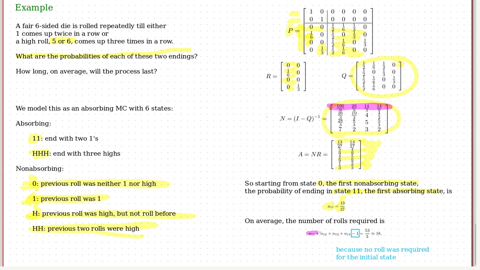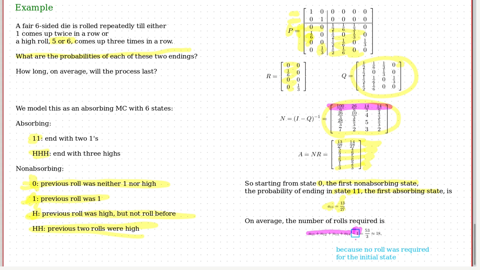So I added up all the entries in that row. Once again, I subtracted 1 because we don't really want to count that first state as a turn. That doesn't count as a die roll, right? The system starts in state 0 initially, but we haven't rolled any dice yet. So I'm going to subtract 1 because we don't want to count that as one die roll.